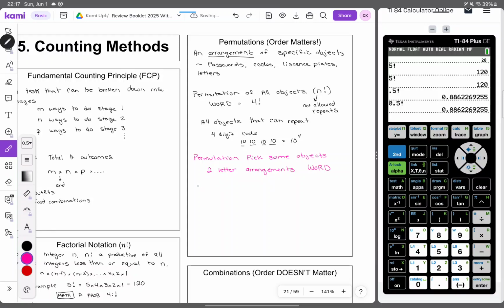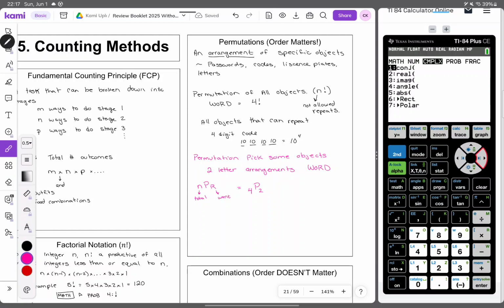So this is when we're going to use nPr, where this is your total and this is what you want. In our particular case, I have 4 total letters to pick from, and I'm only picking 2 of them. Remember, in our calculator, whether you have the old style or the new style, you can go math over to probability, and you can see number 2 there is nPr.